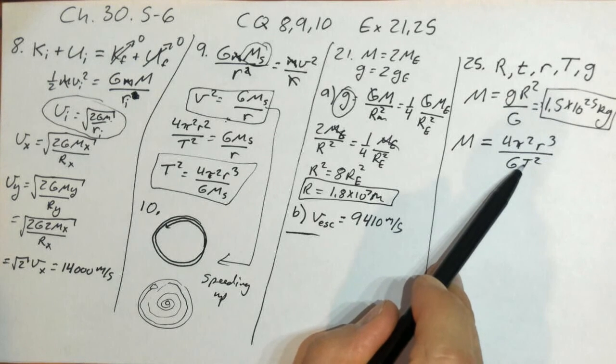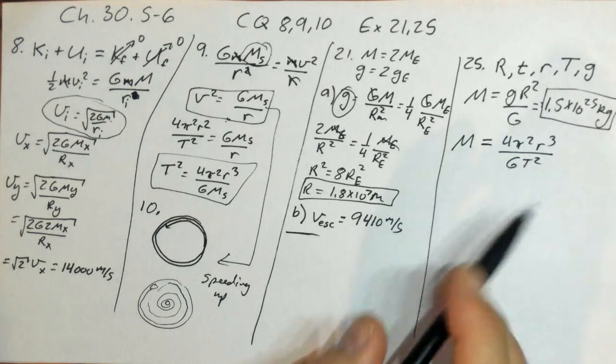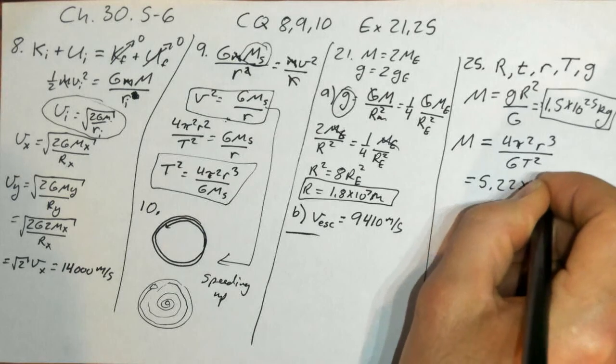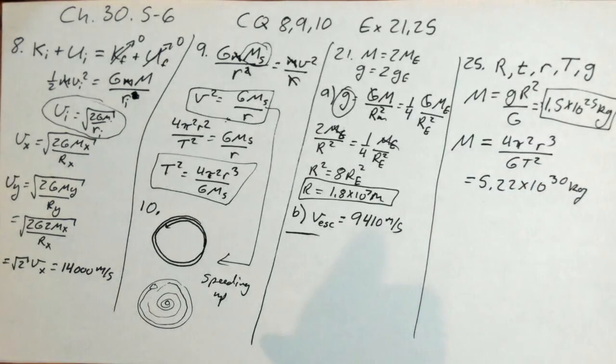The only mathematical complication is this is given in days, so you need to multiply that number by the 86,400 seconds in a day. If you do, you'll get 5.22 times 10 to the 30 kilograms, which is on the same order as the mass of our sun. So it seems reasonable.